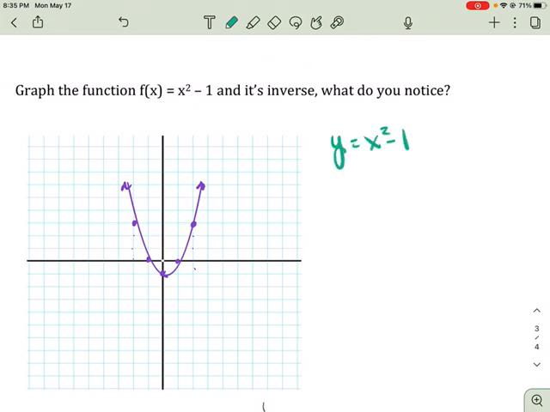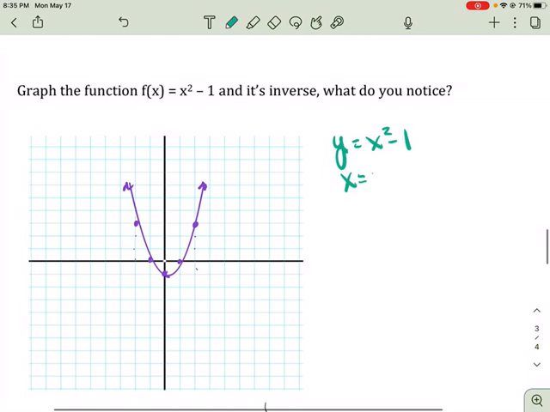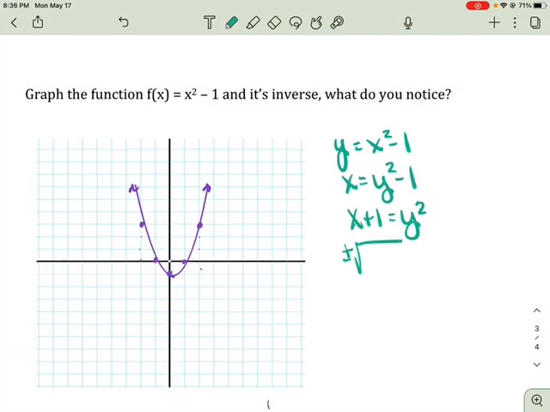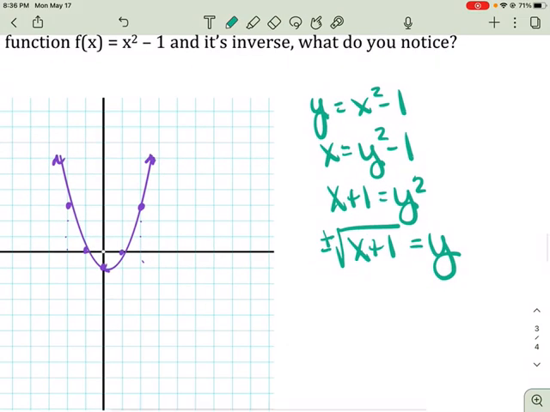So let's make it y equals x squared minus 1. X equals y squared minus 1. Add 1. Square root both sides. And we can see this on our calculators as well.